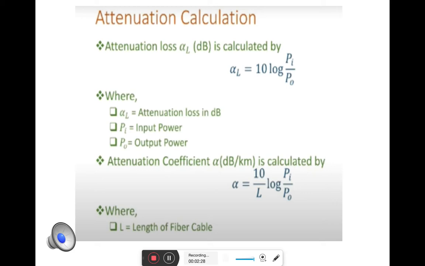Length is the distance traveled by the signal from the transmitter to the receiver, and here it is denoted by the letter L. So attenuation coefficient alpha is always expressed in dB per kilometer because we are considering length here. It is given by 10 by L log Pi by P0, where L is the length of the fiber or the transmission distance. The length of the fiber is actually the distance traveled by the signal from the transmitter to the receiver.